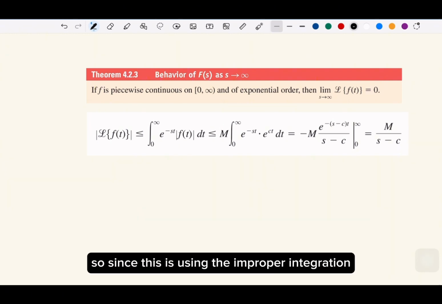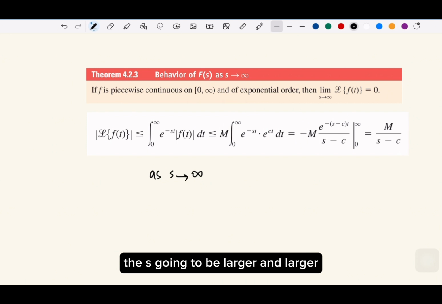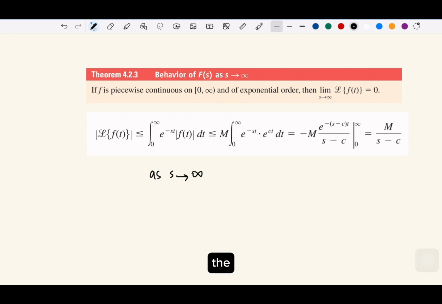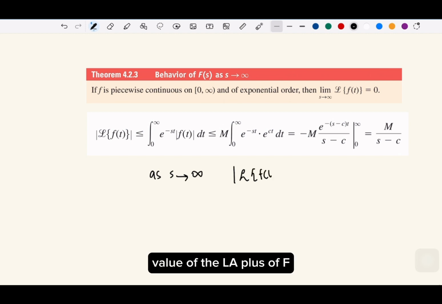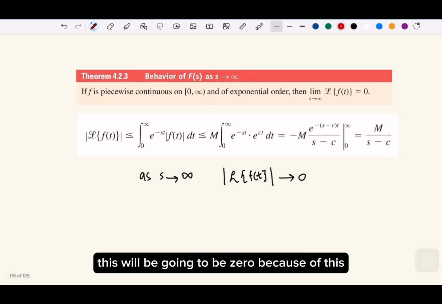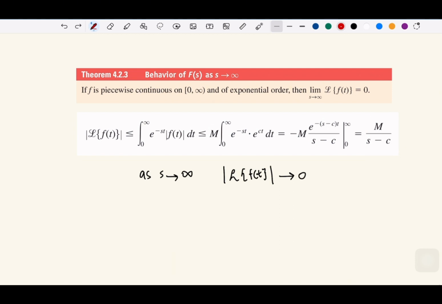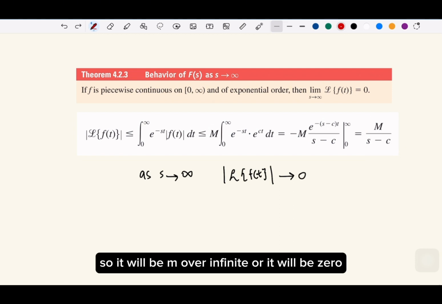Since this is an improper integral, if you imagine s getting larger and larger, the value of the Laplace transform of f will go to 0 because of the right side. If s is getting larger, it will be M over infinity, which is 0.